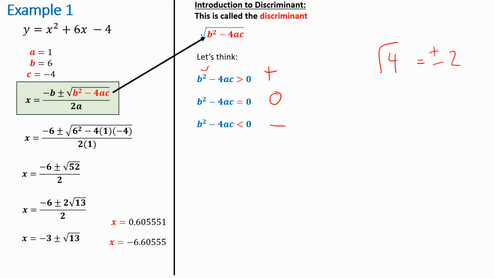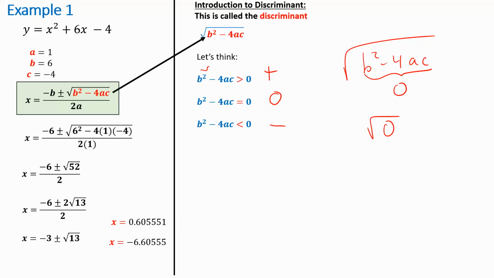What happens when you square root it and it gets 0? Well, this is what happens. When you get b squared minus 4ac, if this is equal to 0, you get root of 0. But then why is that important? Because when you have plus or minus square root of 0, you get plus minus 0, which is really just itself.